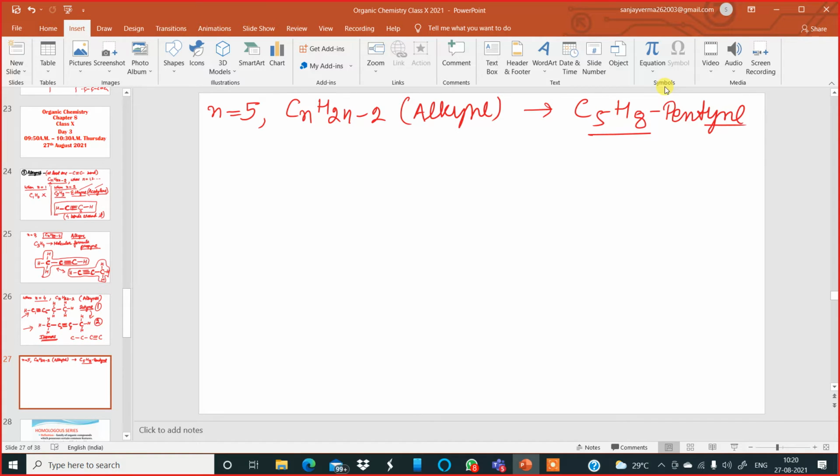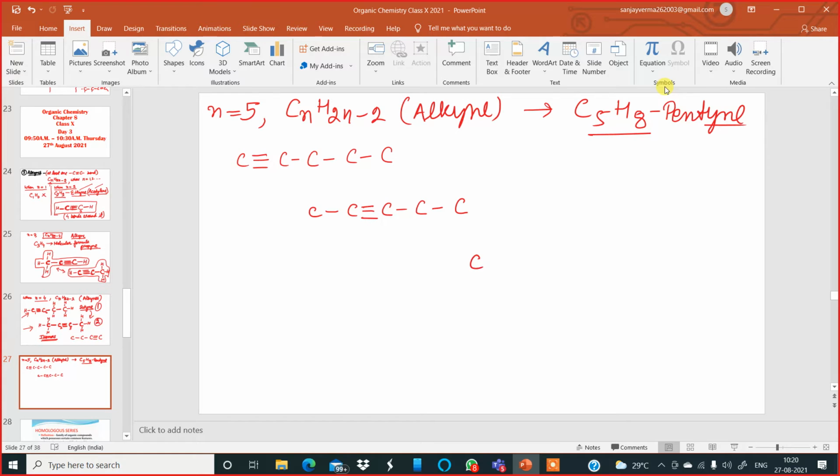Now let me draw the structural formula. Here we are with the structural formula: 1 carbon, 2 carbon, 3 carbon, 4 carbon, 5 carbon. In this example, I'll put the triple bond between the first and second carbon. Another example, with 5 carbons: here I'll put the triple bond between the second and third carbon.